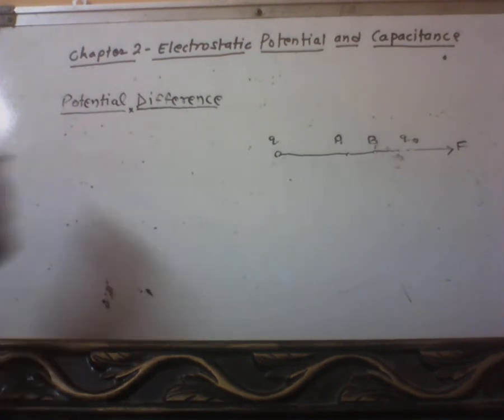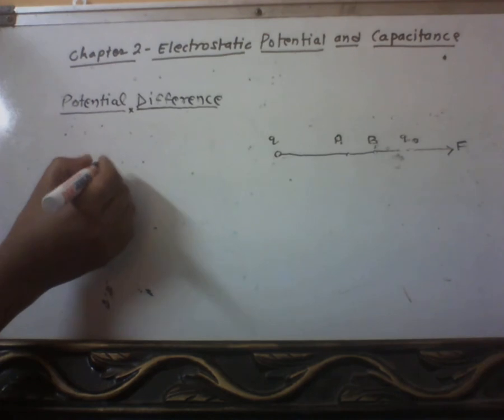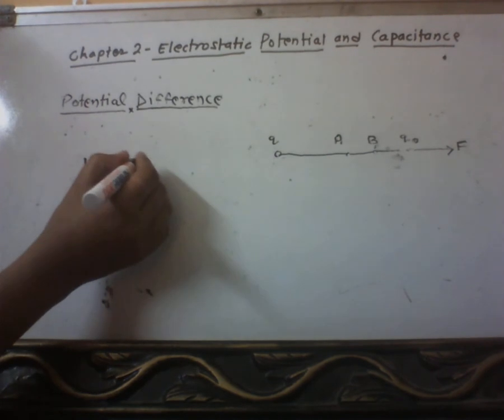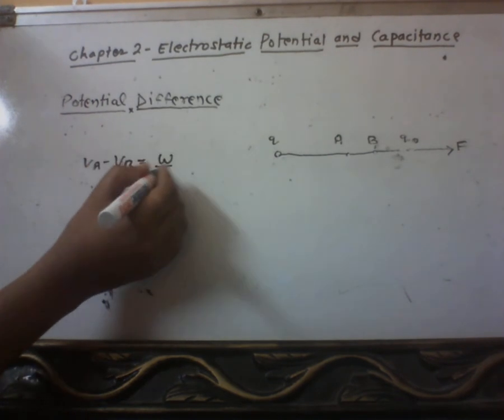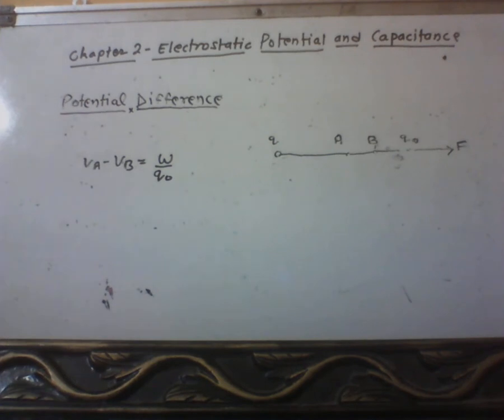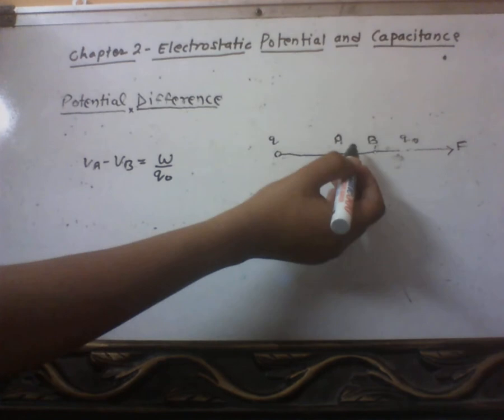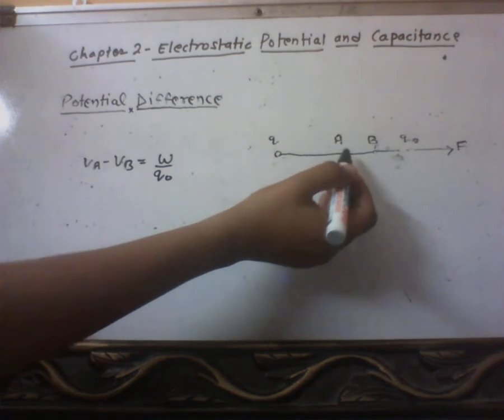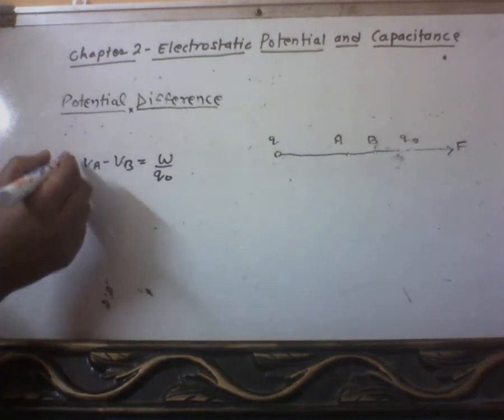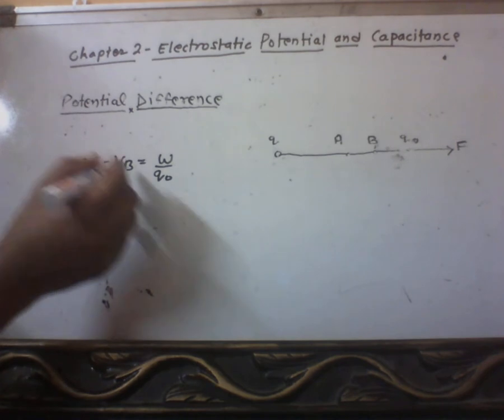It is defined mathematically as VA minus VB equals W upon Q naught, meaning the amount of work done in carrying this charge from B to A. It is defined as the potential difference between these 2 points A and B.